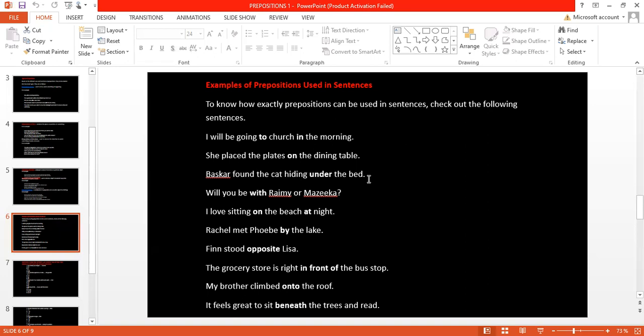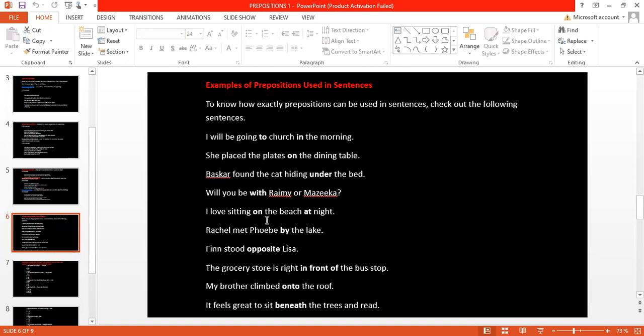This is a preposition that indicates place. This is a preposition that indicates location. This is a preposition that indicates spatial relationship. This is a prepositional phrase acting as a preposition on its own. Will you be with Remy or Mazika? Will you be with?